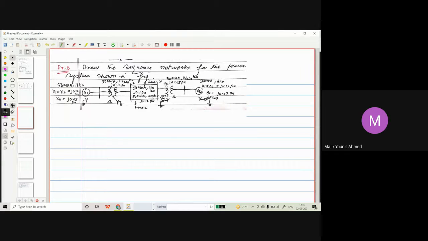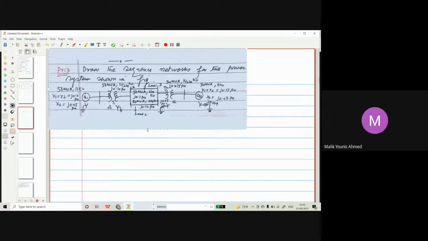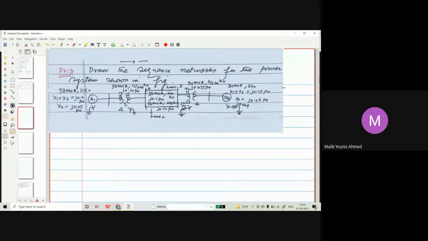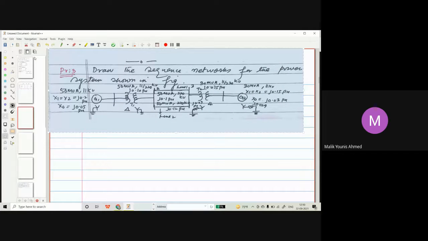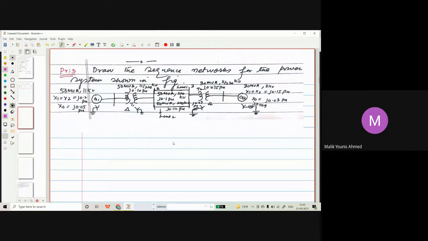It's a very important question. Have a look at this question now. See, draw the sequence network for the power system shown in figure.